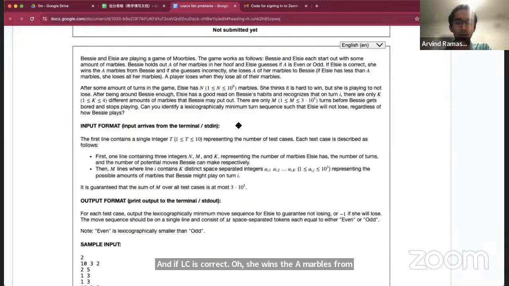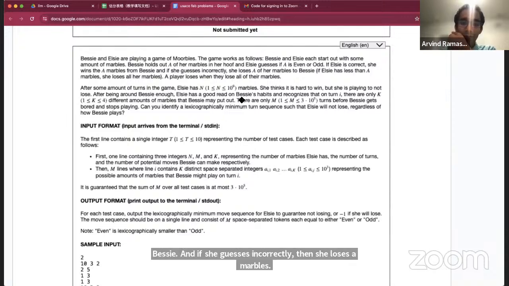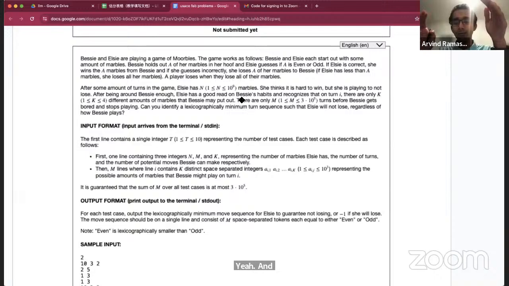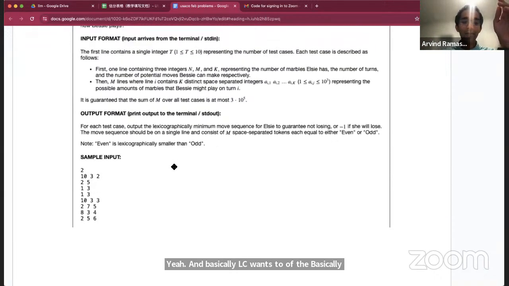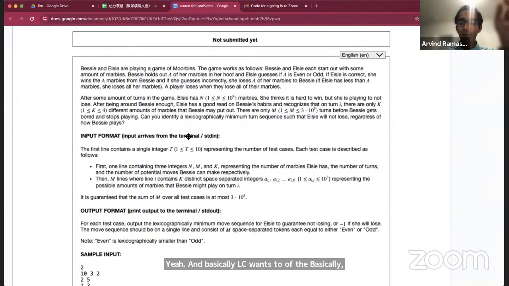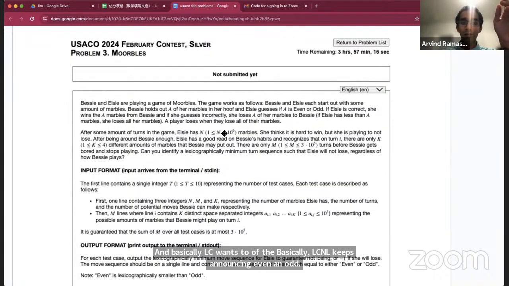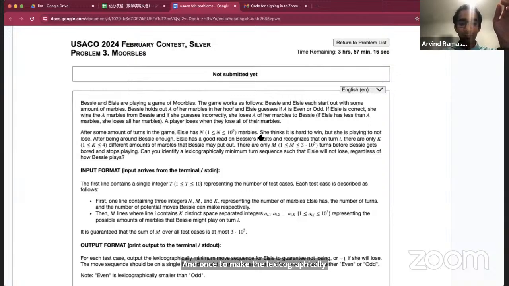Basically Elsie keeps announcing even and odd and wants to make the lexicographically smallest sequence such that no matter what Bessie does, Elsie will still win.